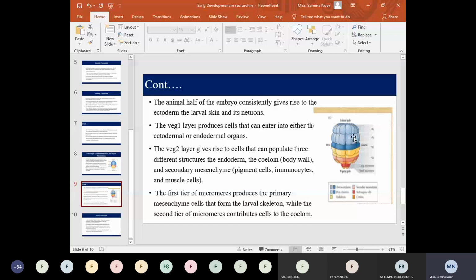In other words, the AN1 and AN2 layers form the ectodermal structures.